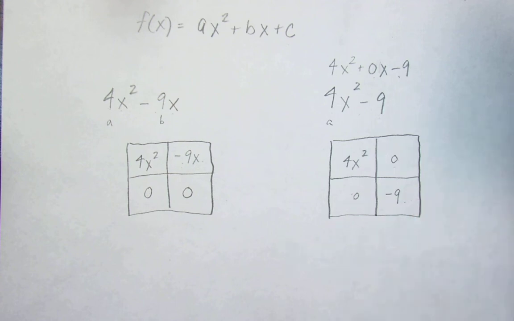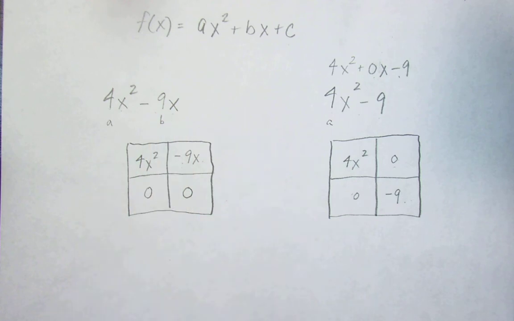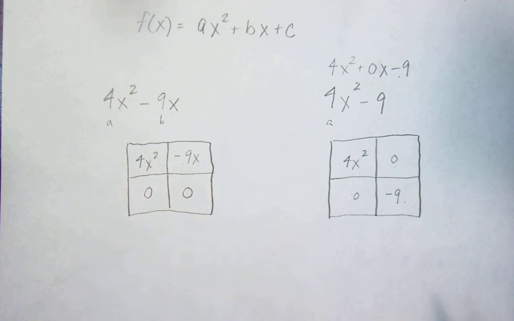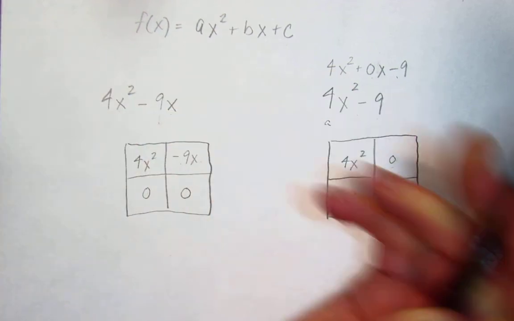So now we need to talk about factoring. Whatever is in the area model has to be equivalent to the expression that you're factoring. And so if I say, okay, well, let's do 4x squared. What times what makes 4x squared? Somebody might say, I think that that is 2x times 2x.